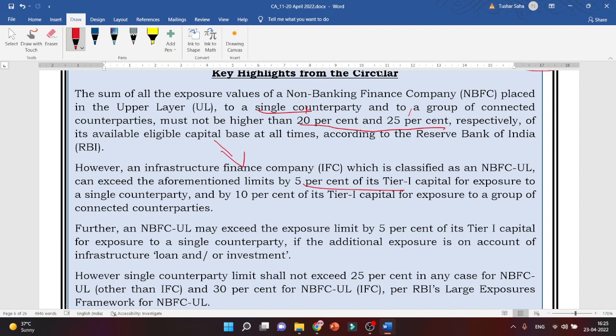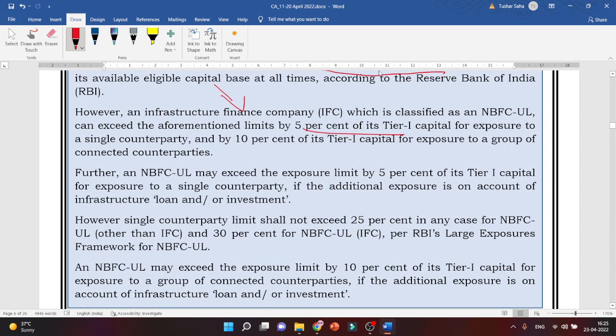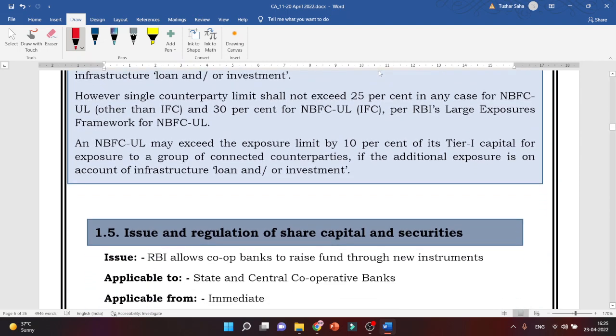So that is what they do. Now let's move further and let's see. So for infrastructure finance companies, it's 5% above the quota that we have seen above, right?